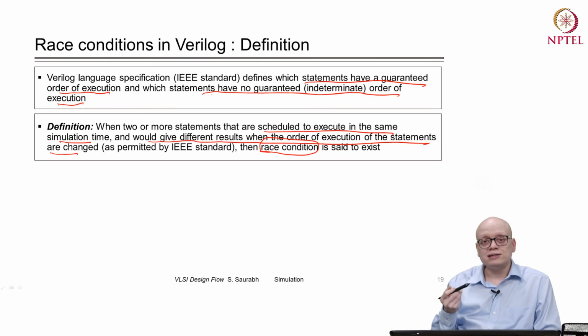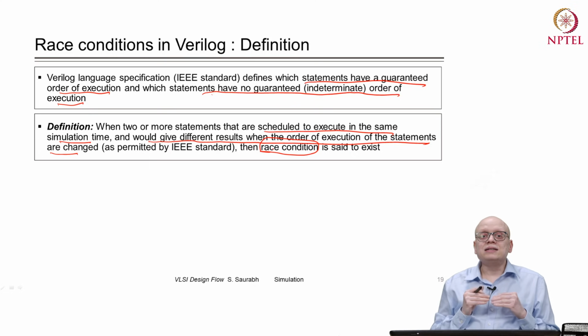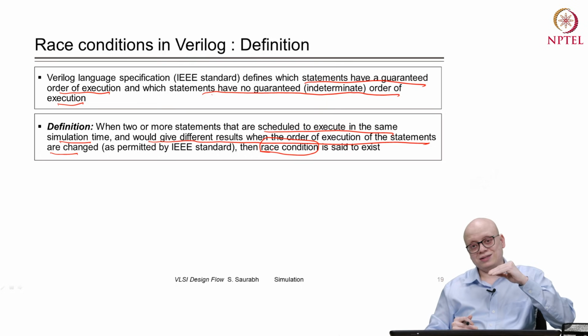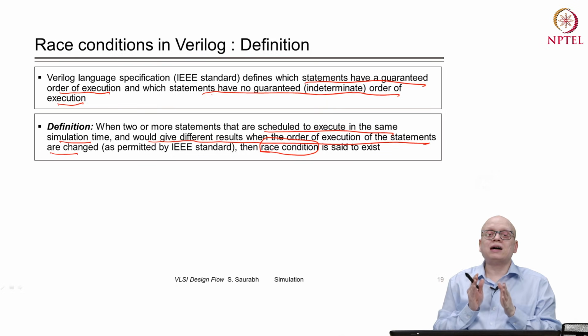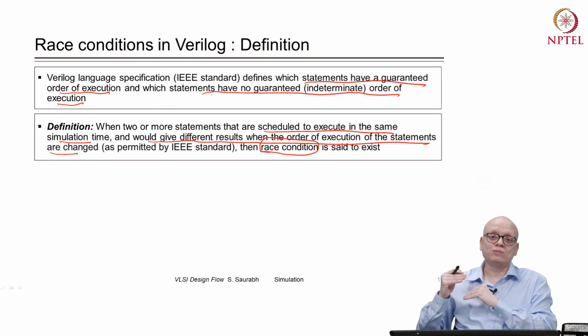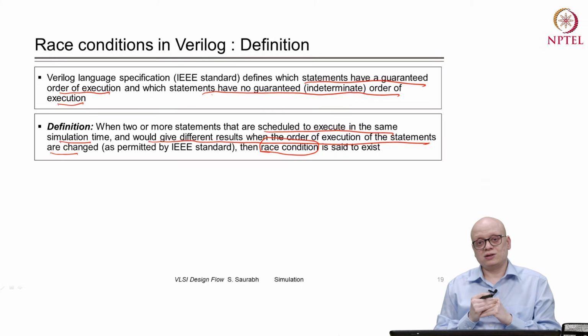This is an important concept in simulation based verification: sometimes the result of the simulation will depend on the order in which the events are processed. If we change the order as permitted by the IEEE standard and we get different results in the simulation, then we say that there is a race in simulation.